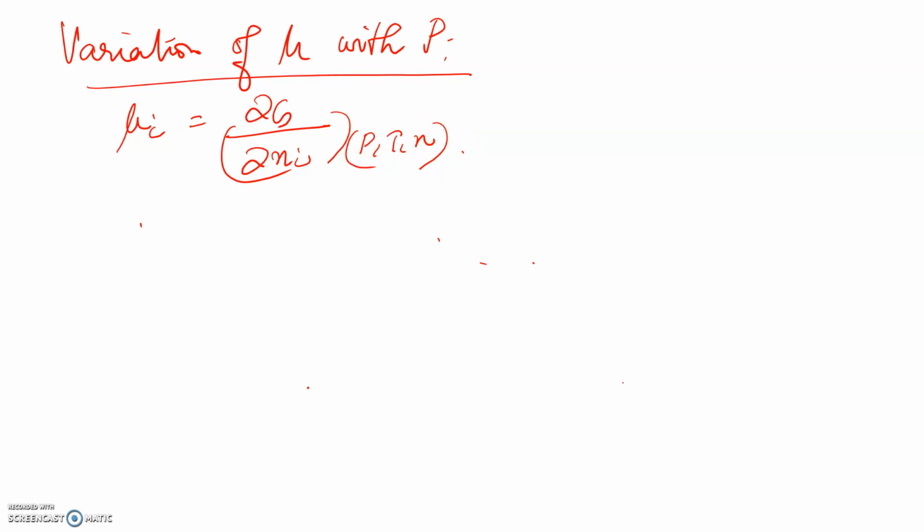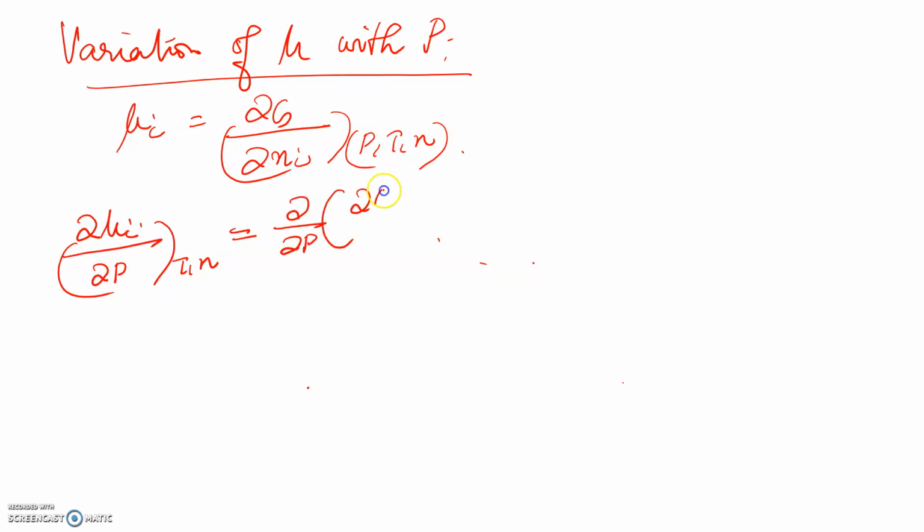To find the variation of mu with pressure, we'll differentiate: d mu I by dou P at constant temperature and number of moles. This is equal to dou by dou P of dou G by dou Ni at constant pressure, temperature and N, and this whole thing will be at constant temperature and N.